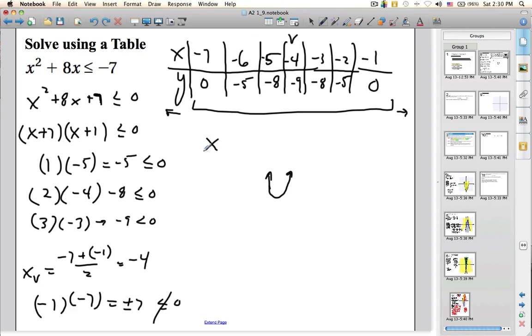So for my solution, this will be expressed as a compound inequality because my x values lie between -7 and -1. So I know that my x values are greater than or equal to -7 and less than or equal to -1. Okay, so this is one way of solving these by using a table.